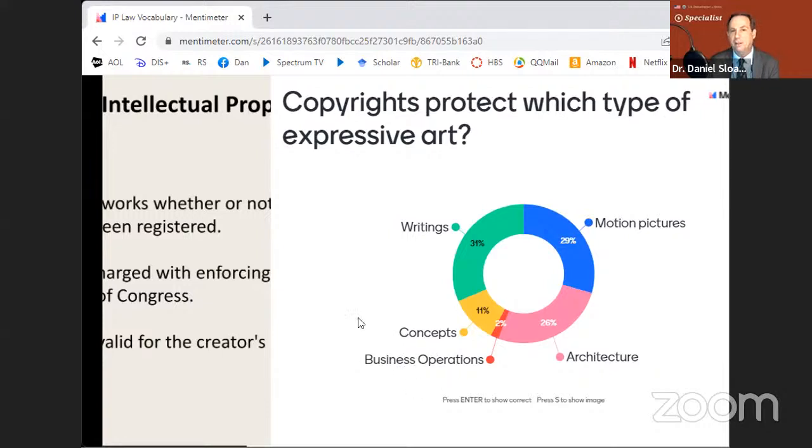And I know there will be a lot of discussion, which is good, because maybe it's different under your form of law, under your system. That'll be a good one for discussion. So if anyone has anything to comment on the concepts and business operations, can you please write it? It will be very interesting to get your feedback on that.